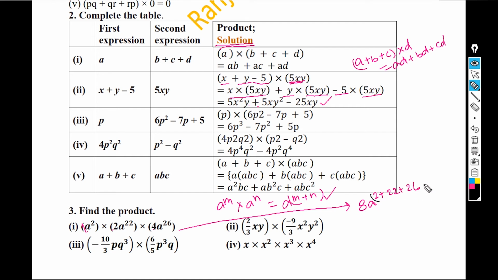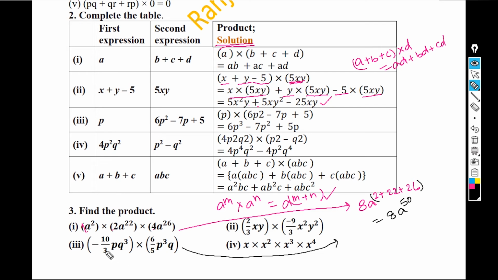That is equal to 8 a to the power 26 plus 22 is 48 plus 2 is 50. The power is 50. Like that you can solve other questions. Here also in this question, how can you solve the product?